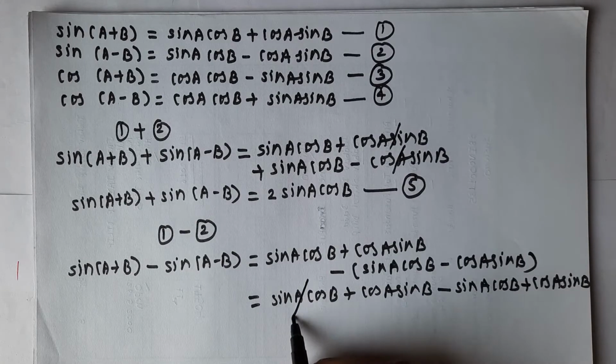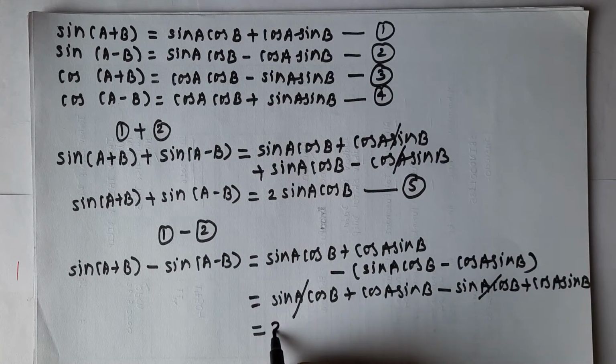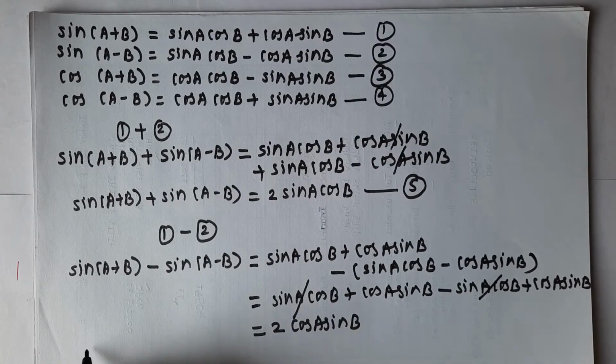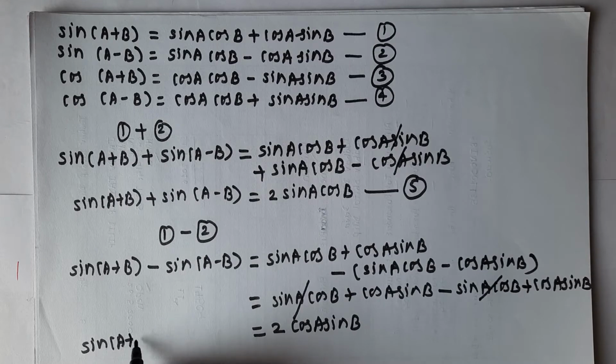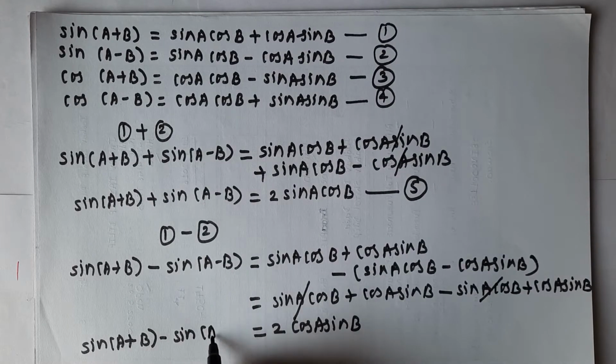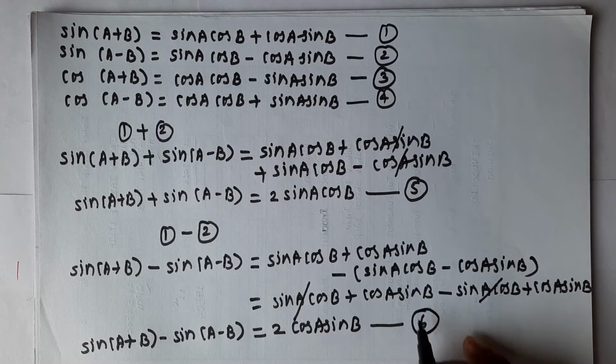Now this plus sin a cos b and minus sin a cos b will get cancelled, and this will be cos a sin b plus cos a sin b, that is 2 times cos a sin b. And what is to the left hand side? This sin(a+b) minus sin(a-b). Now treat this as equation 6.